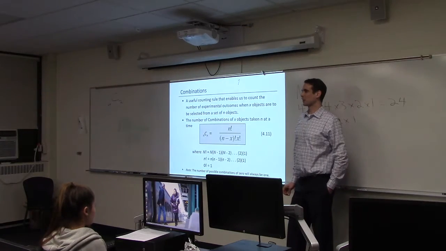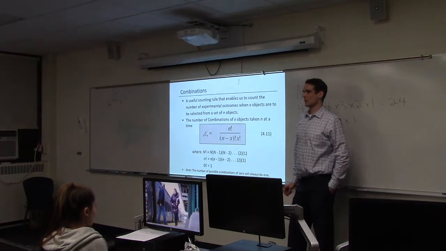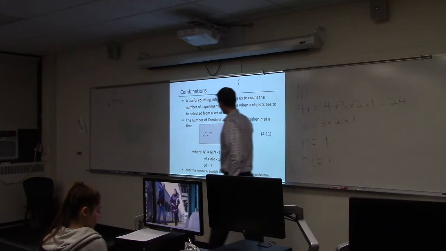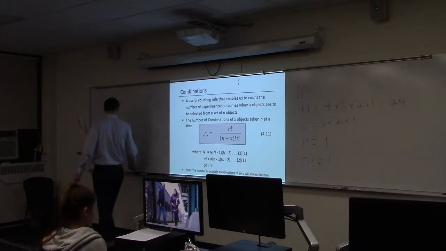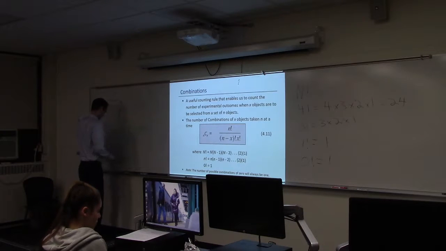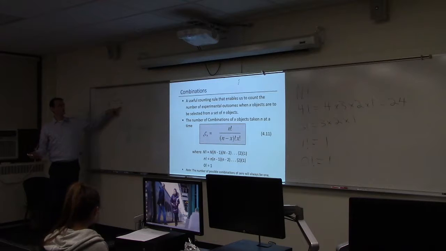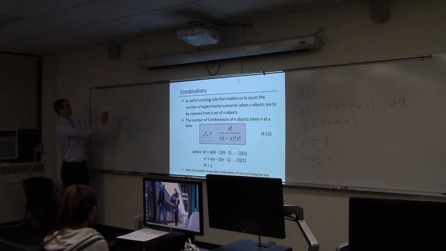So let's do our problem. How many teams of 2 out of 4 people could we have? All right, so we've got 4 is our n, 2 is our x, so 4 factorial divided by 4 minus 2 factorial times 2 factorial.